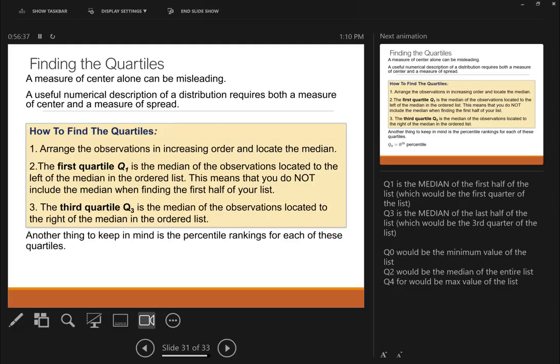Anyways, again, remember these quartiles are also percentiles. The 0th percentile is Q0. The 25th percentile is Q1. The 50th percentile is the median, or Q2. The 75th percentile is Q3.